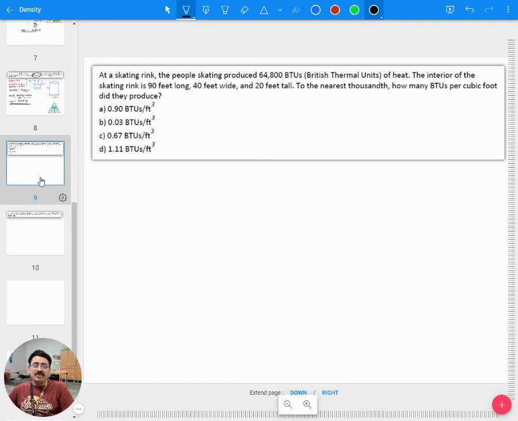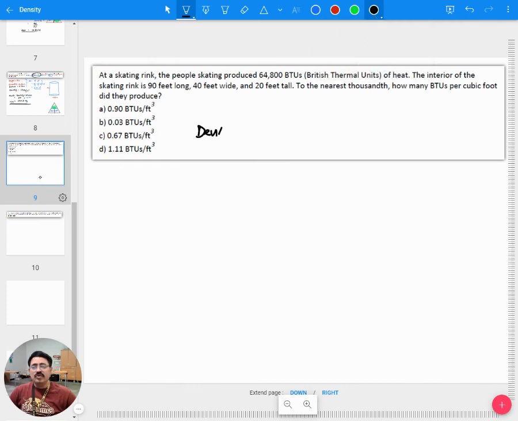To the nearest thousand, how many BTUs per cubic foot did they produce? So it is almost similar to finding the density.